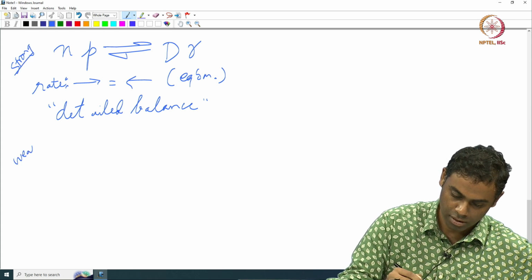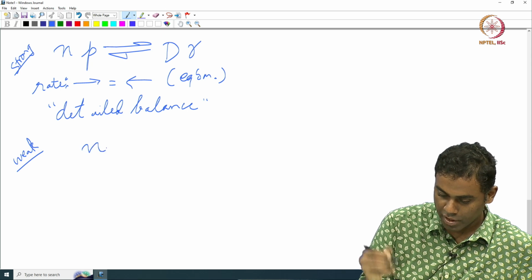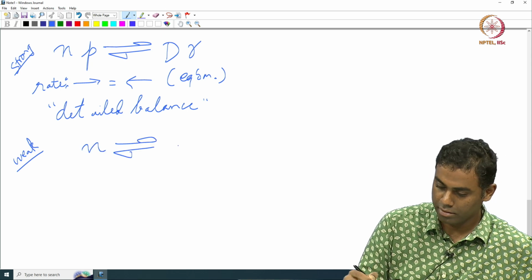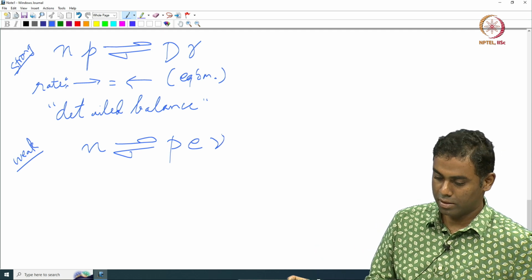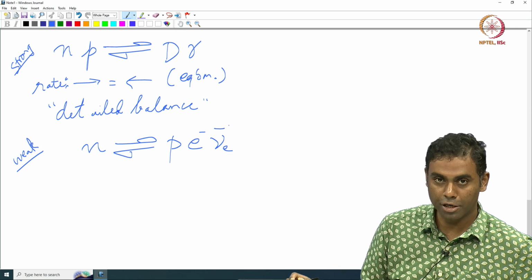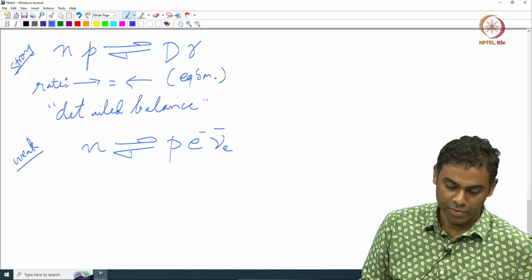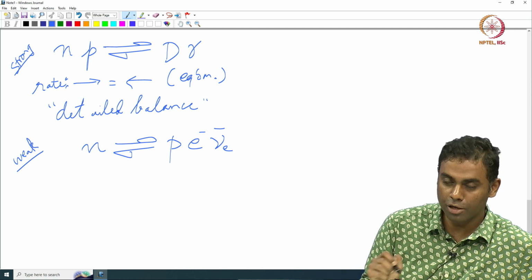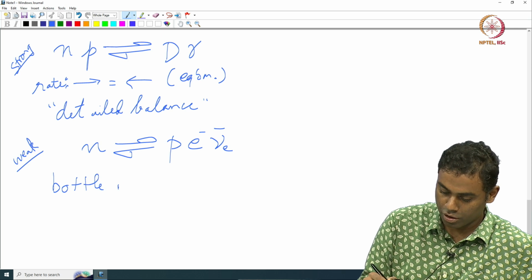What about the weak interactions? The quintessential weak interaction is beta decay, a neutron decaying to a proton, an electron, and a neutrino. Why is this so hard? That is because you can actually control neutrons. You can actually bottle neutrons.